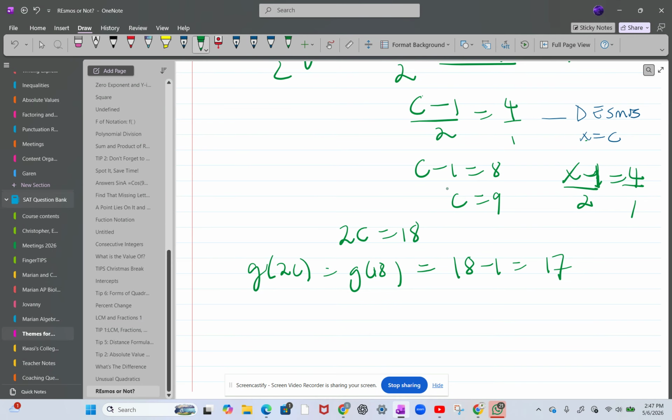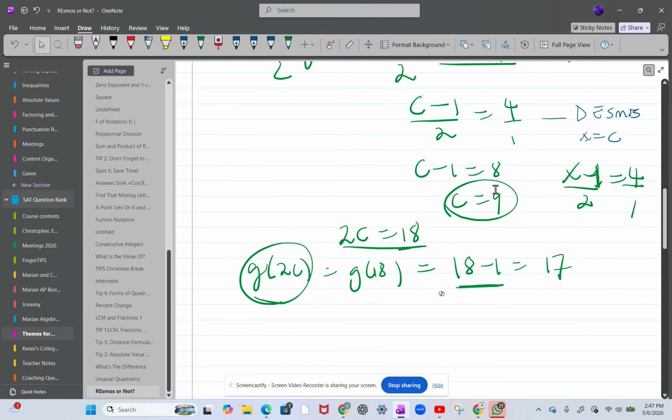So once you get c equals 9, the question is to find g of 2c. So 2c is 18, and g of 18 in the original definition of the function means 18 minus 1. Your answer is 17. You're done.